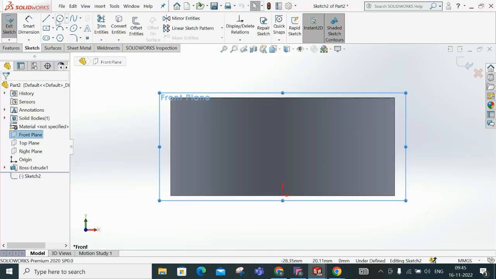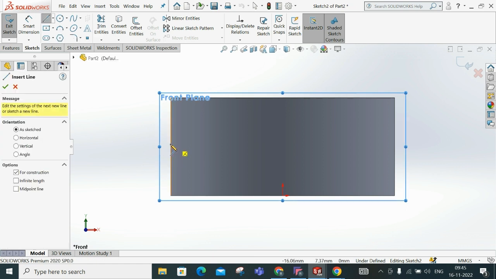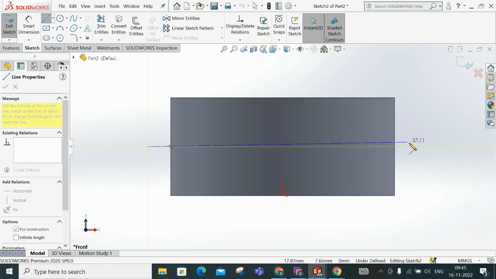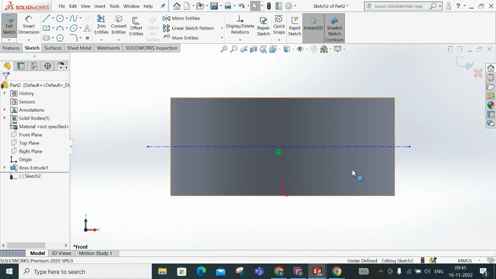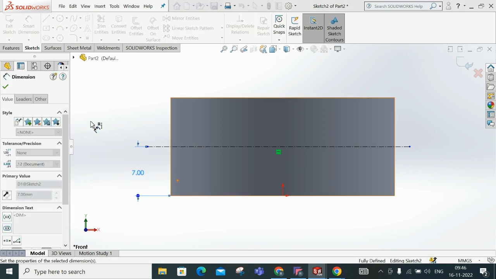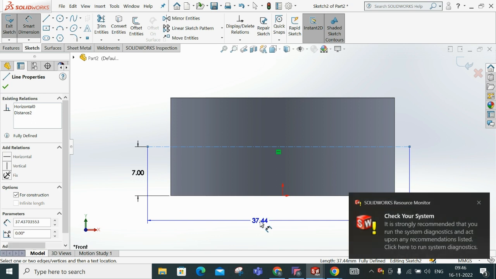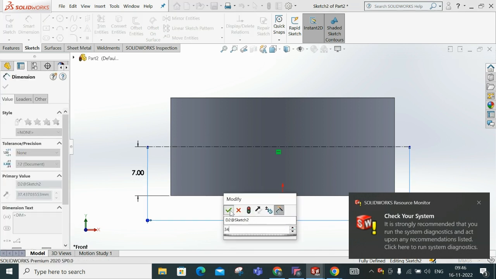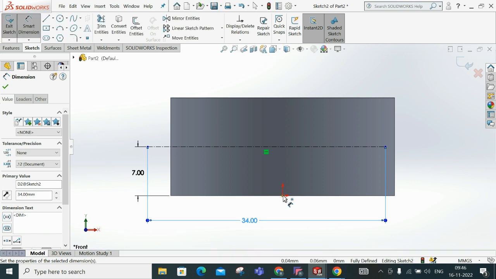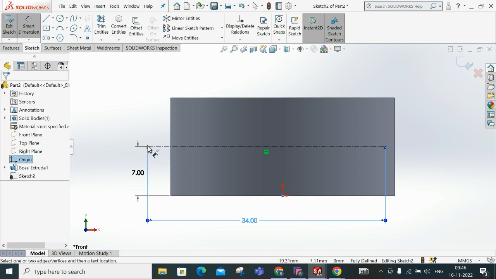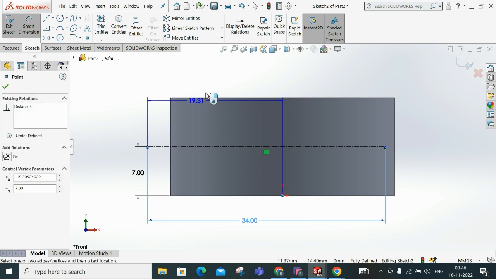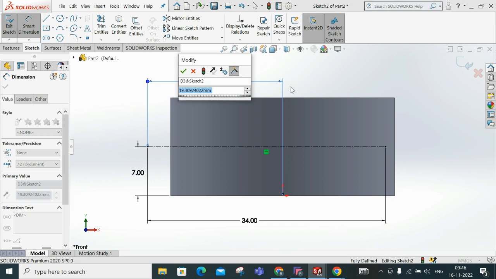And the taper pin entire length is 34. I'm just drawing a 34 here for reference purposes, and also making sure that only half of it is drawn.